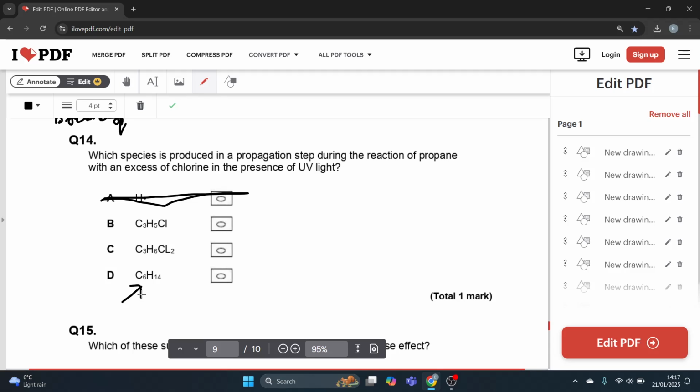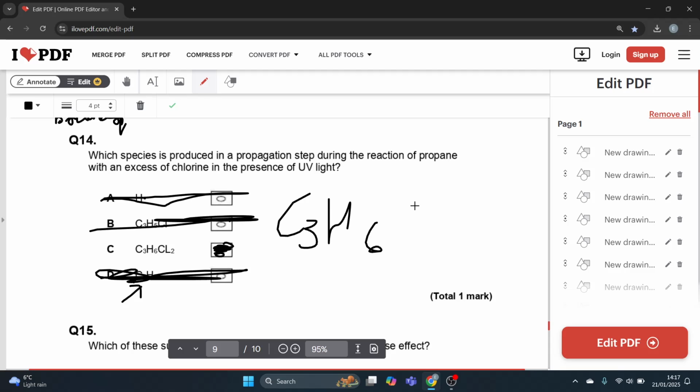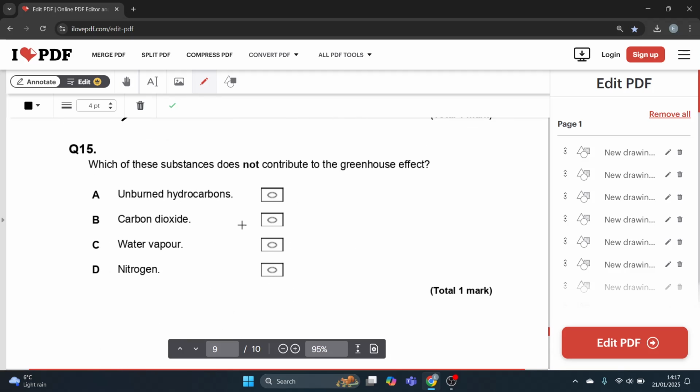Definitely not D. Left with B and C. Clear answer is going to be C. Remember, it is propane C3H8 and also the Cl2. Definitely not C3H5Cl, C3H6Cl2.